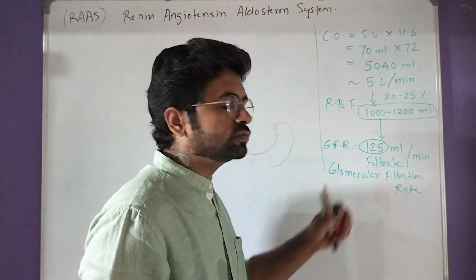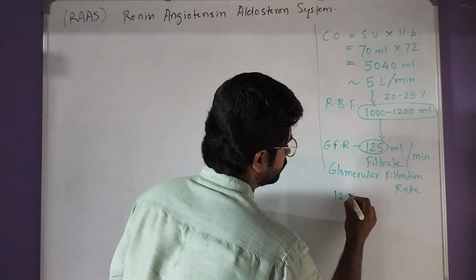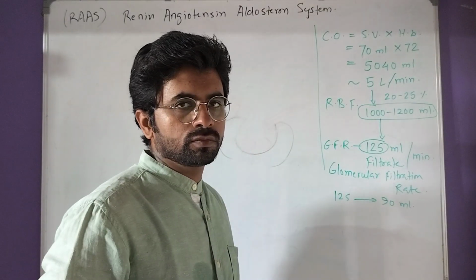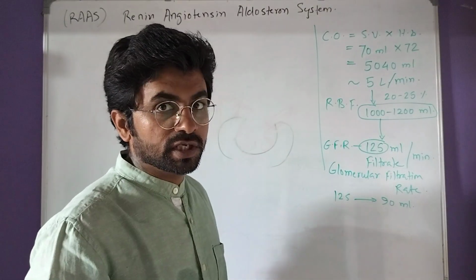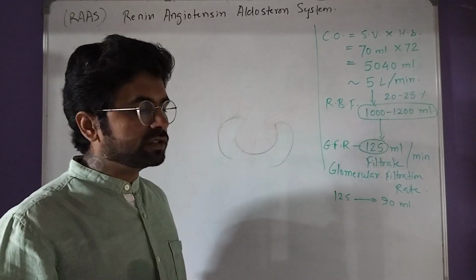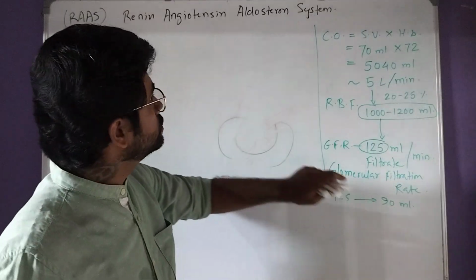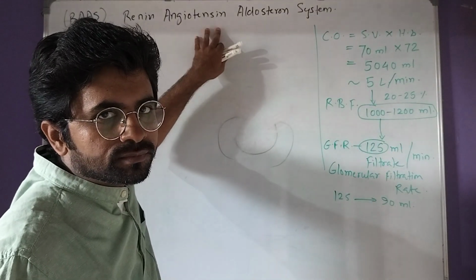What if it goes down from 125 to 90 ml only? Then it's not a normal condition, it's an abnormal situation. We have to handle it. So if it goes down, this system gets activated.